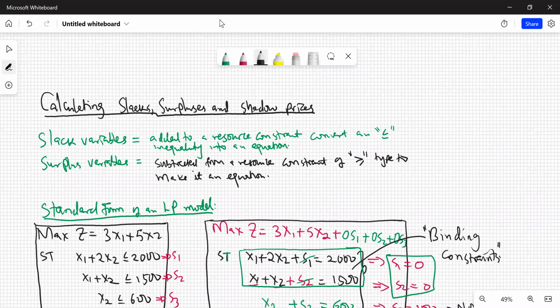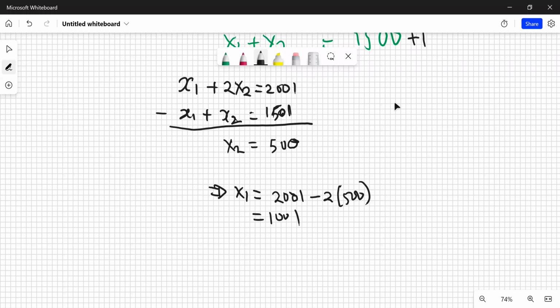So let's do that. When you add 1 to the right-hand side of those equations, you'll end up with new equations. Then you solve them simultaneously. Here you'll get the value of x2 as 500. When you substitute it into one of the equations, you will get the value of x1 is 1001.